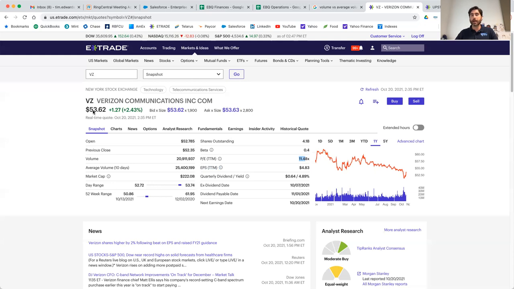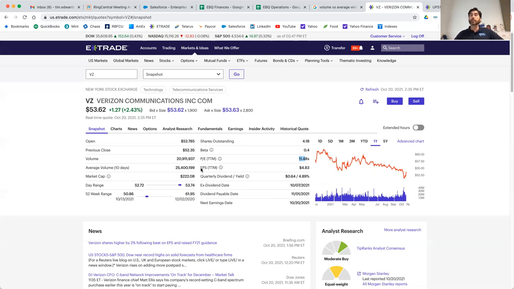The price of the stock, $53.62, divided by the earnings per stock, right? To get to $53.62, you had to take the earnings and multiply it by 11.48.